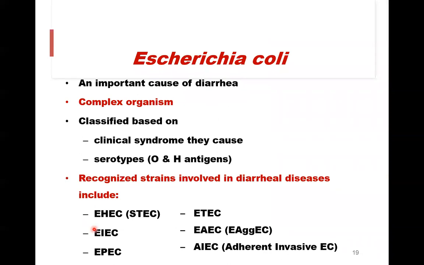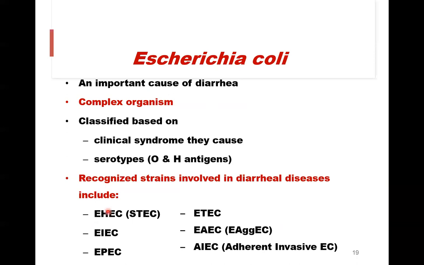We move on to Escherichia coli. Now, from the renal block lecture, remember I told you that E. coli is a funny organism. You have strains that are normal commensals. You have strains that can cause UTI. You have strains that can cause meningitis in neonates. You also have strains that are adapted to cause infection within the GI.